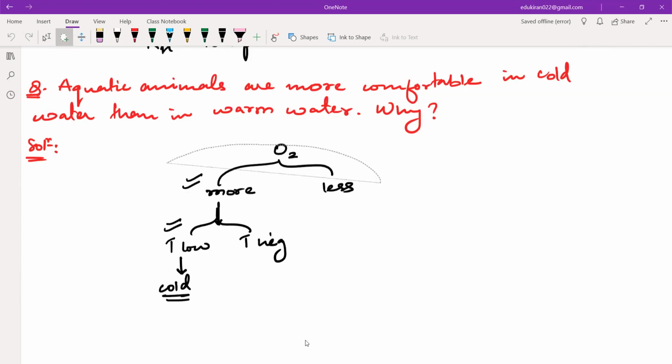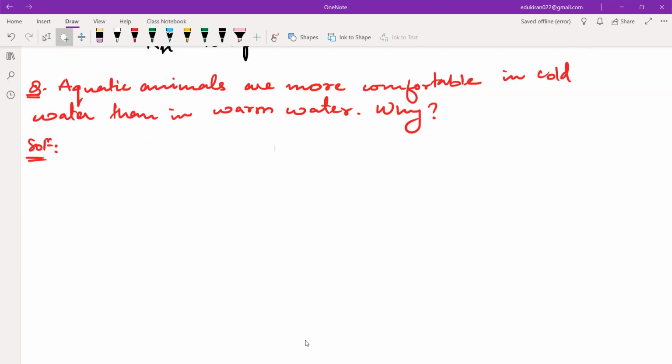So how to write this answer? You have learned it, you can explain it, but how to write it? In this answer, you will relate this to KH.